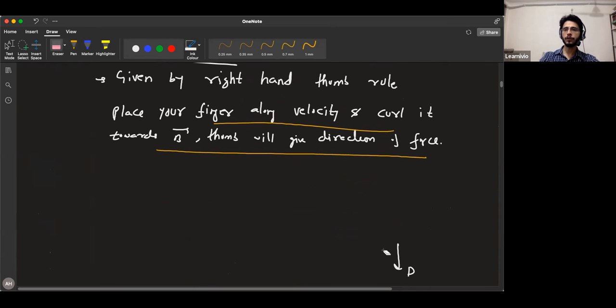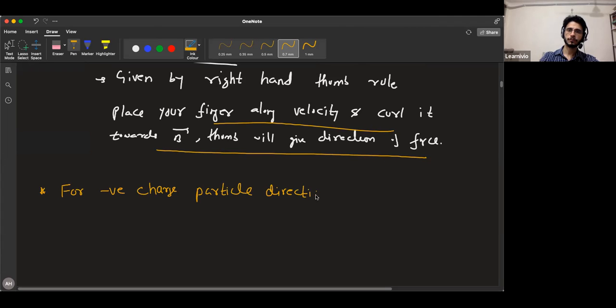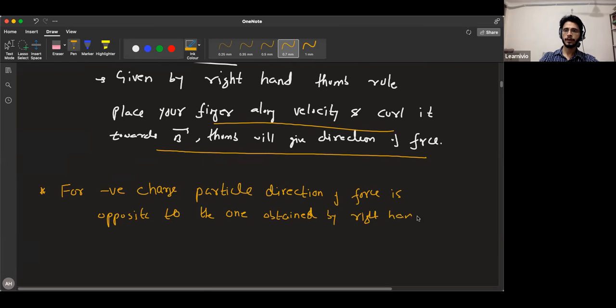Instead of a positive charge, if you take a particle which is negatively charged, the direction of force is opposite to the one obtained by the right-hand thumb rule.